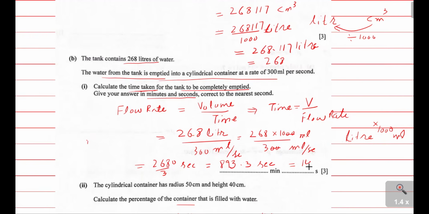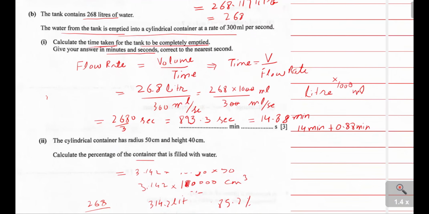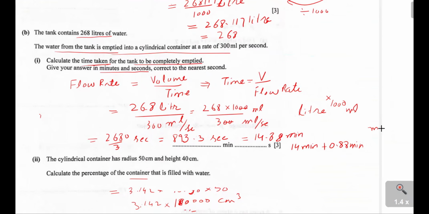Therefore, 14.88 minutes. And this is 14 minutes plus 0.88 minutes. We will convert this decimal minute value into seconds. When we convert minutes into seconds, we multiply this value by 60.